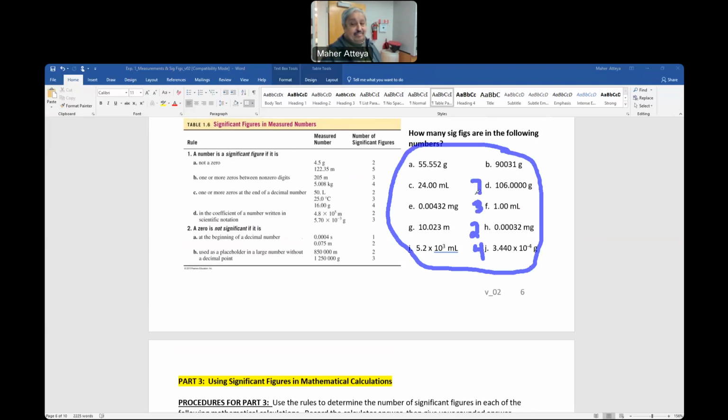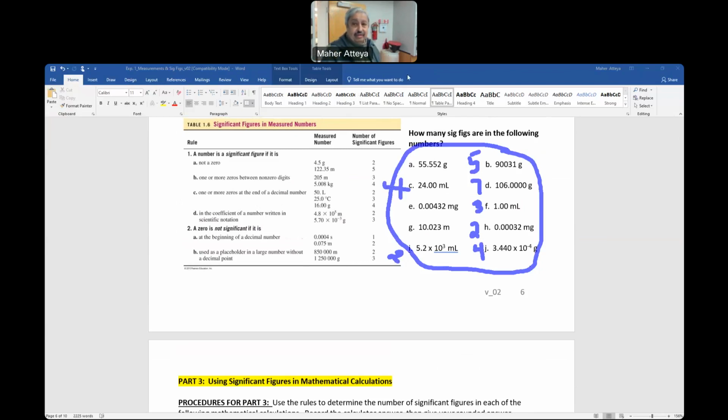How many in B? 5, that's correct. Okay, so I think this is I. How many in I? 2. How many in C? Not 2, 4. Okay, so you get the idea.